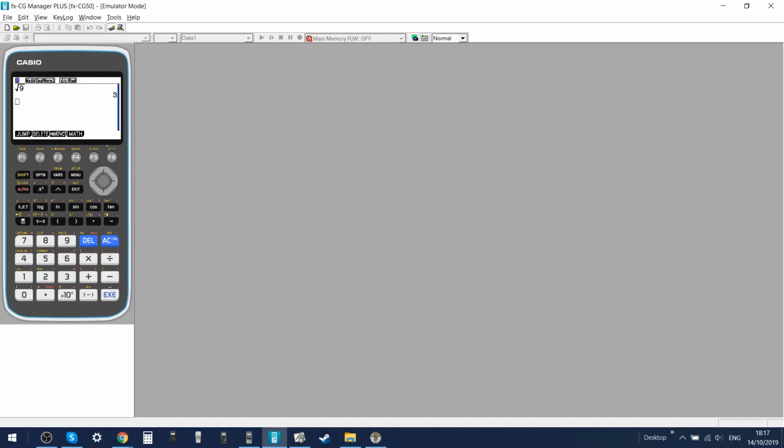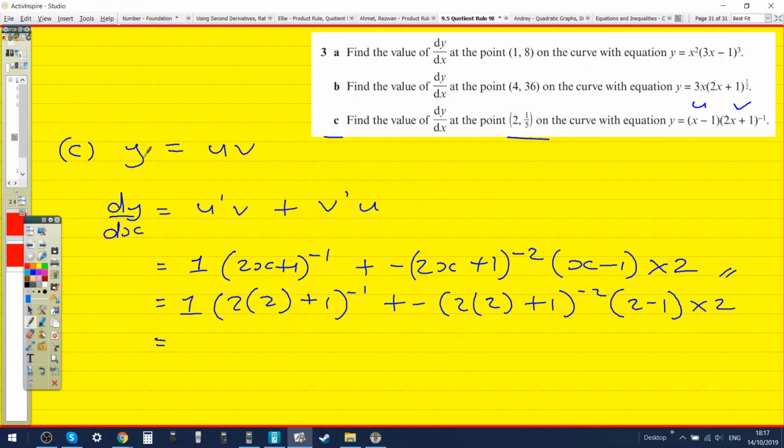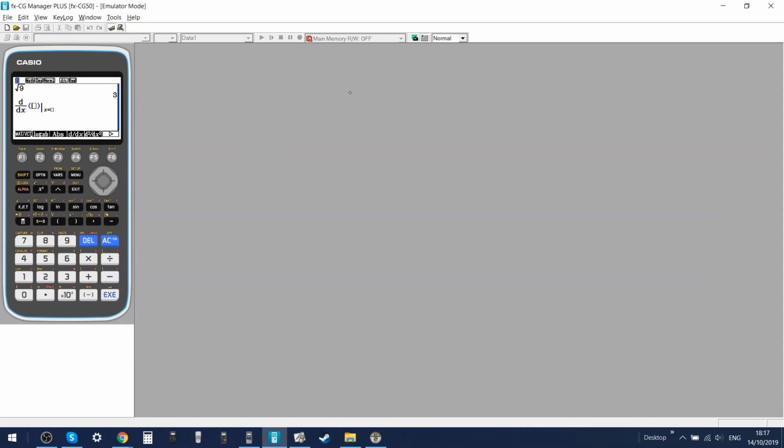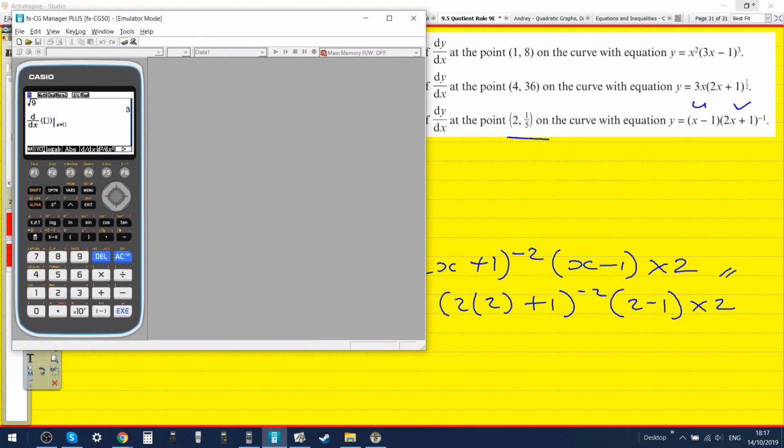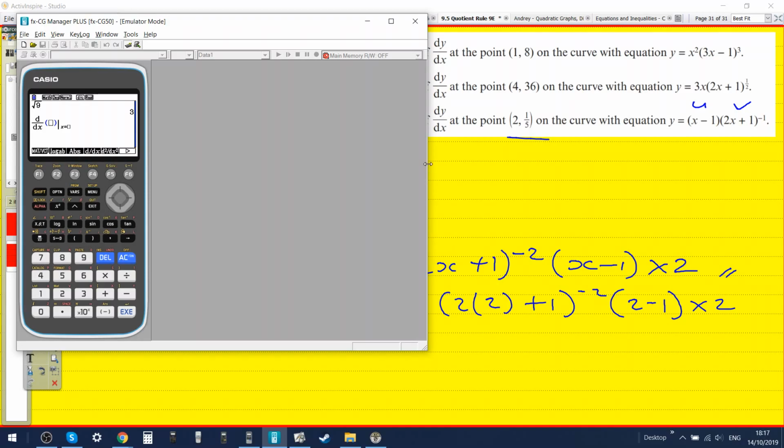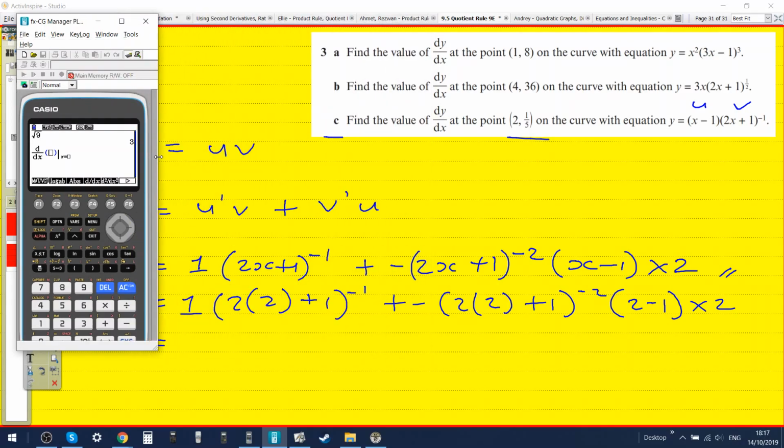Do you have d by dx? Okay. And so derivative. Okay, so put that equation into this calculator.